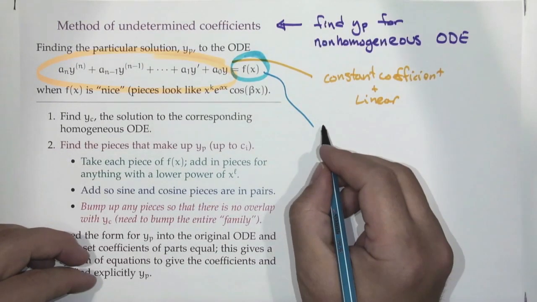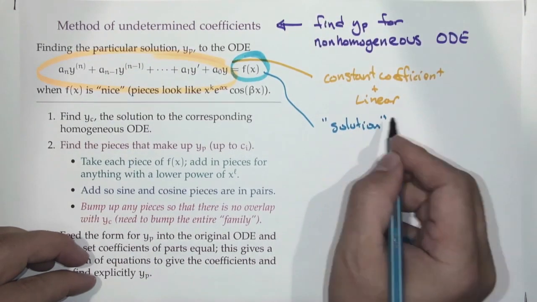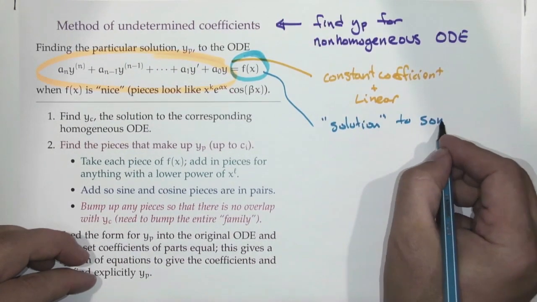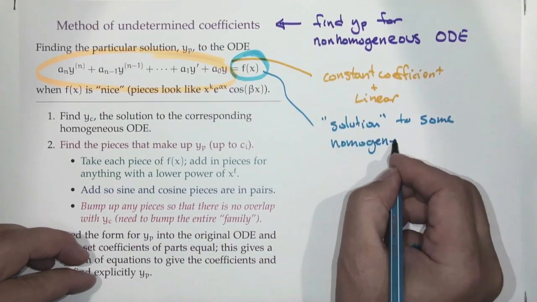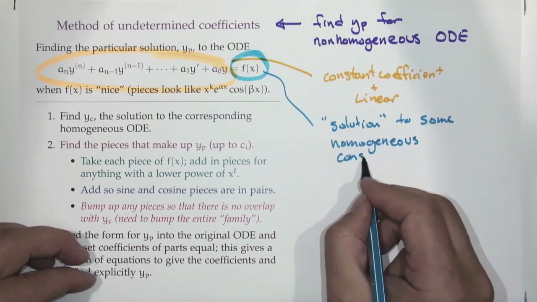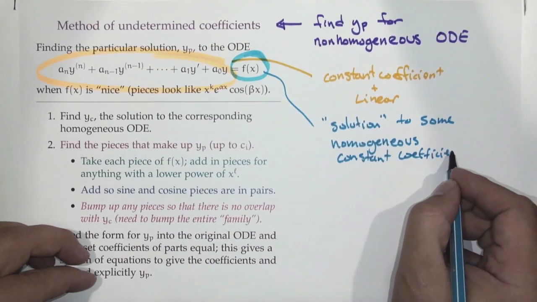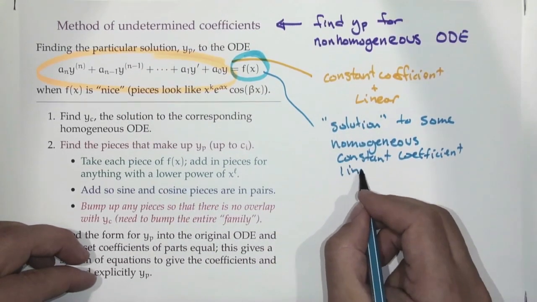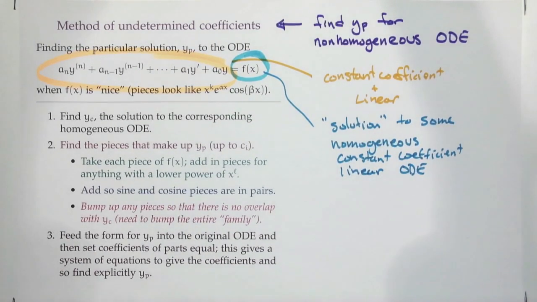Well, it has to be a solution, and I'll put that in quotes, to some homogeneous, and of course this is the point where we're like, why do we use such long words? Constant coefficient, linear differential equation. So in other words, it has to be nice. If it's not nice, it's not going to work.